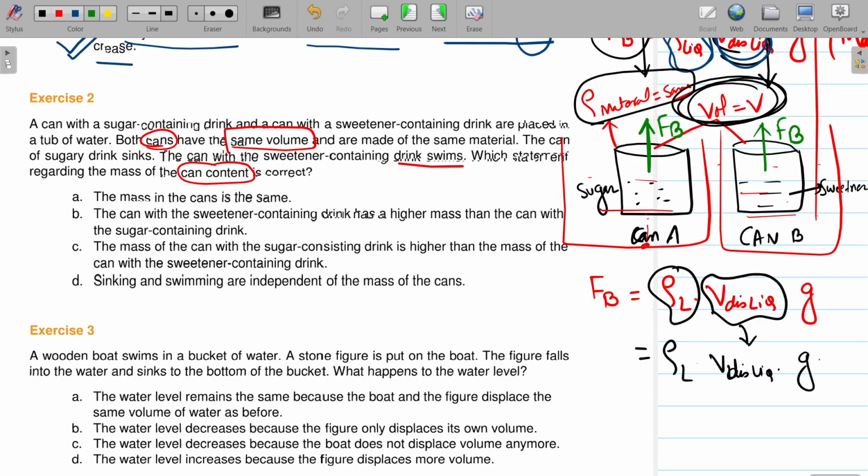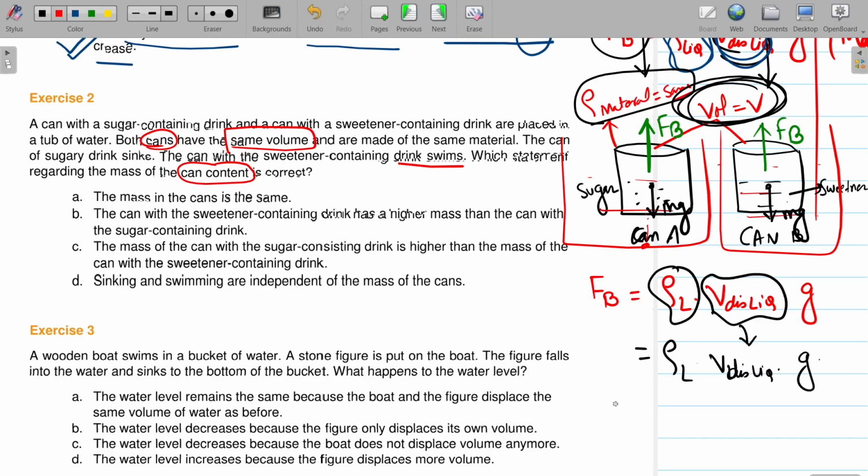Why? This indicates that in one case the weight is counterbalanced and in another case the weight is not counterbalanced. The weight should be in the downward direction, mg. Both cans will have different weight, right? In their weight they will include the weight of the can as well as the weight of their content, whatever they contain inside the can.